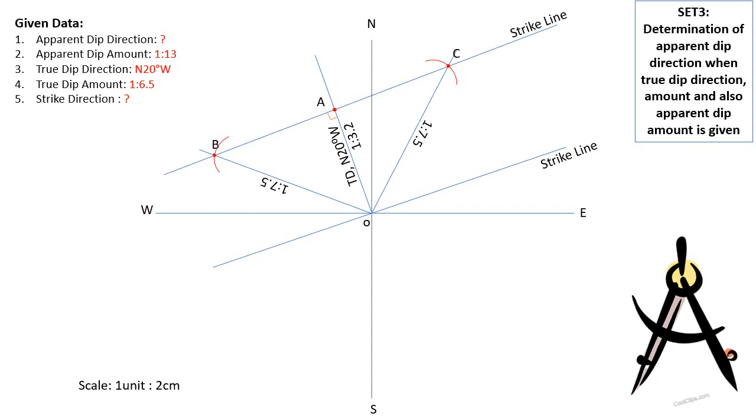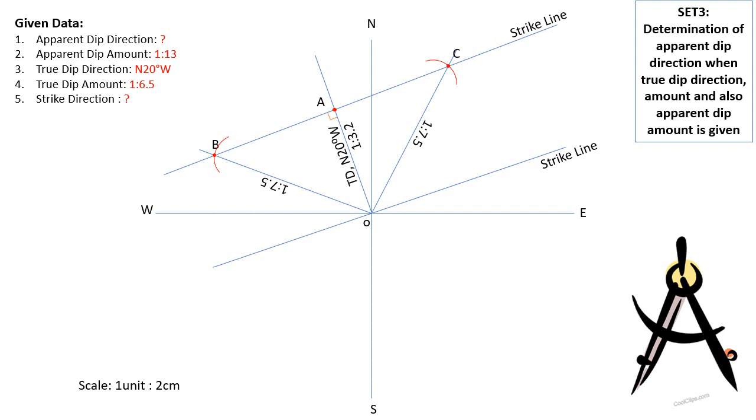Then what is asked? The direction of these two lines, which we have drawn with the help of cutting arcs. So the direction of these two lines, OB and OC. Okay, from north, what is the direction? Towards west. And from north, what is the direction of this OC line? Towards east.